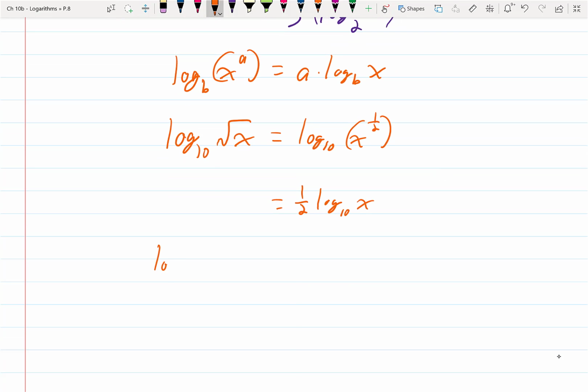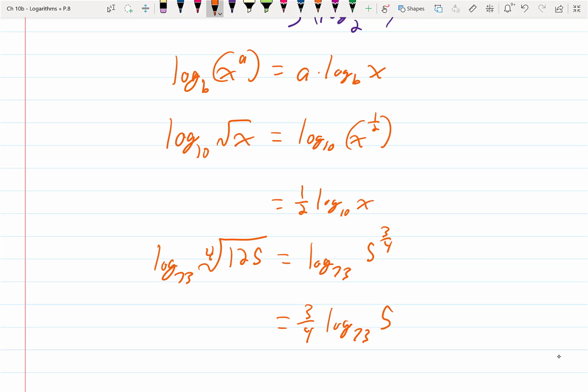Let's do the log base 73, I'm just picking a number, of the 4th root of 125. And let's try to bring that down to a simpler argument. 5 to the 3/4, good. This is log base 73 of 5 to the 3/4, which means that this is 3/4 log base 73 of 5.